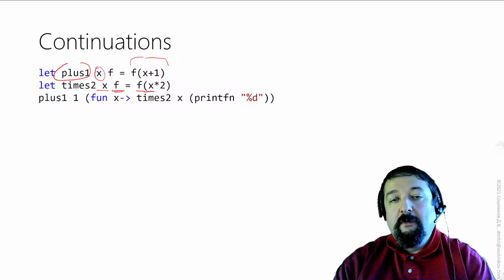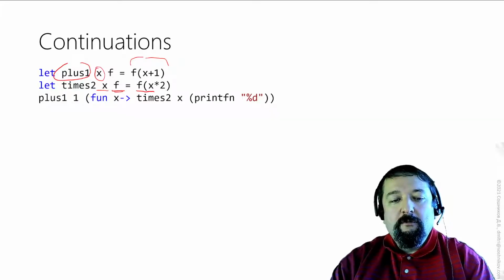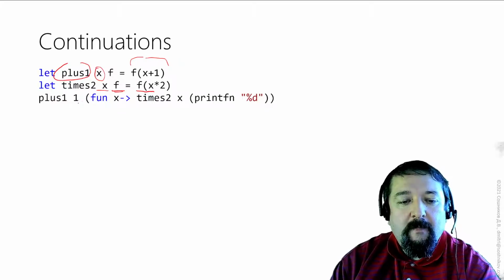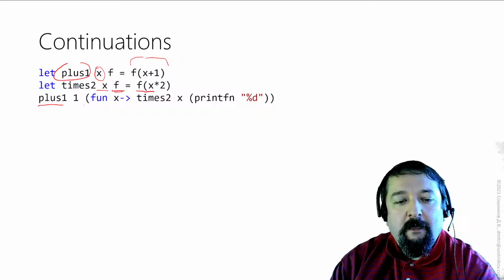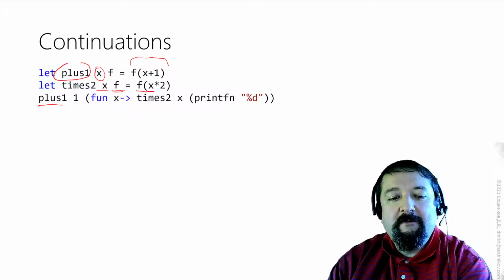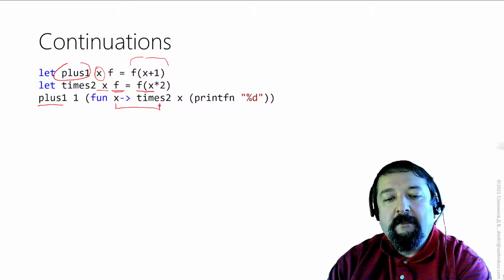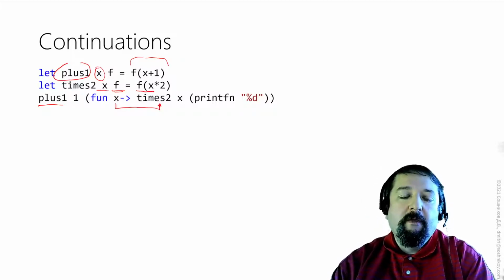Now, if I want to calculate 2x plus 1, what I would do, I would first call +1, and then as a continuation, I would pass the function which takes x and calls times 2.